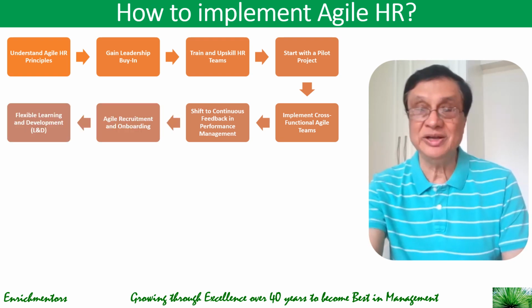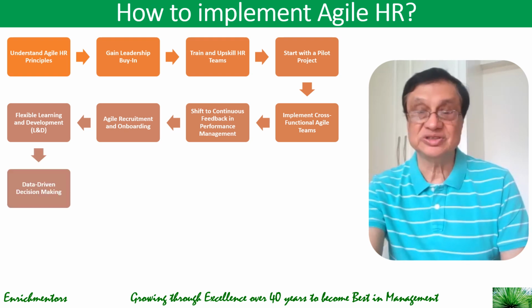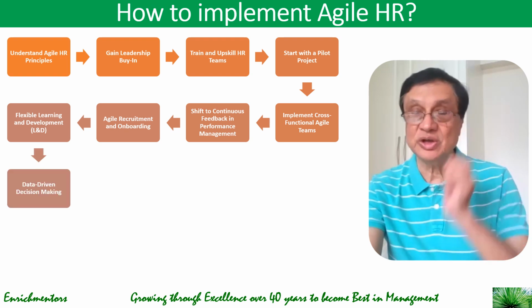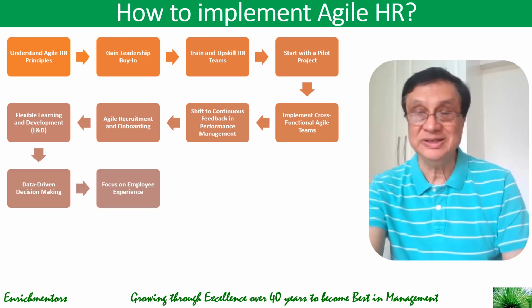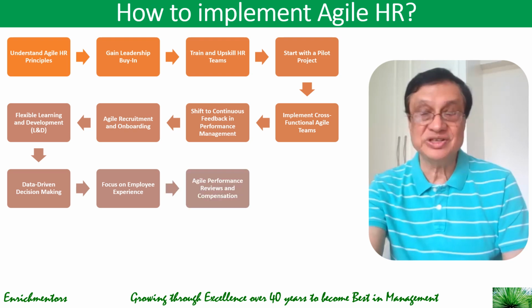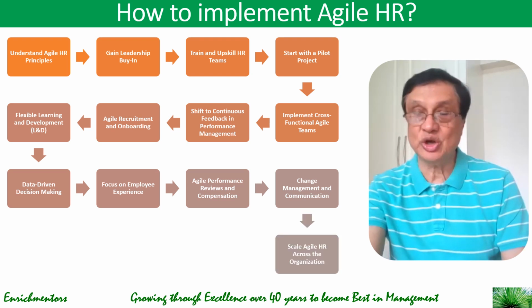Then you make your learning flexible. Then you start making data-driven decisions, right? And then you focus on improving employee experience for the whole of the organization, set performance reviews and compensation on an agile basis, and then look at how to manage change and communication. And towards the end, scale Agile HR across the organization.